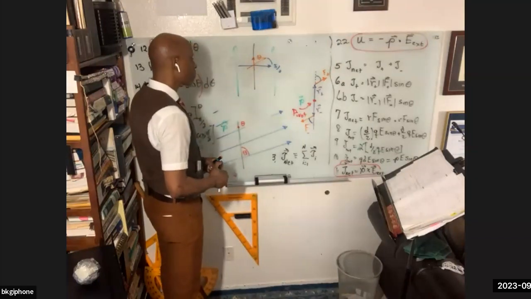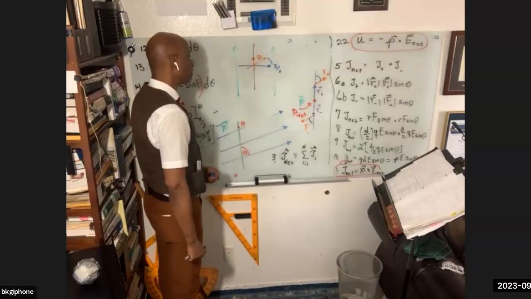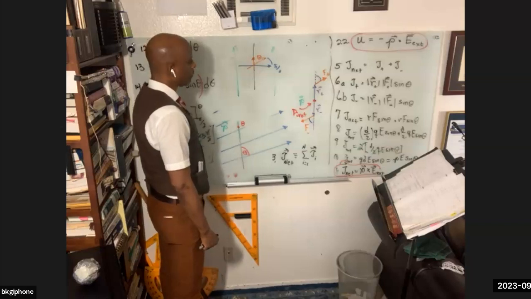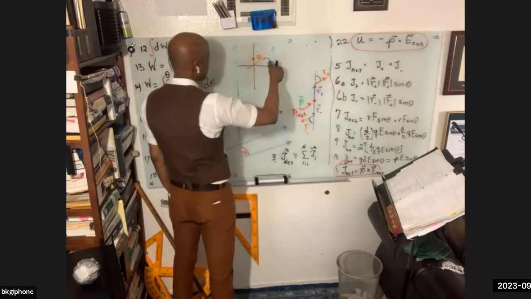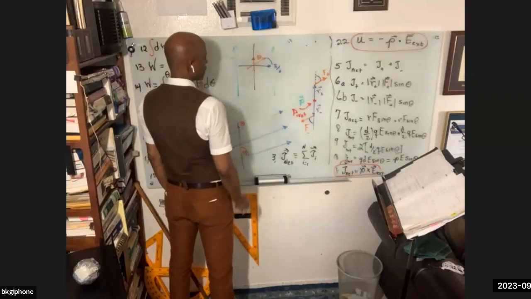So you can't really consider the potential energy at that point. What you have to consider is the change in potential energy from the 0 mark to wherever it is.